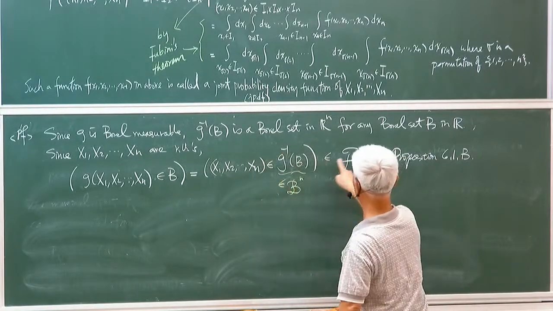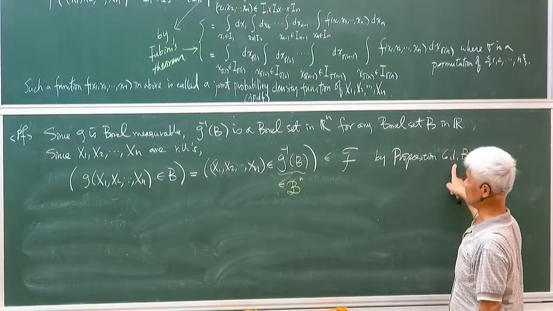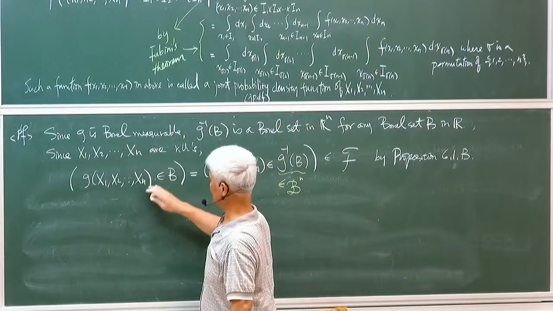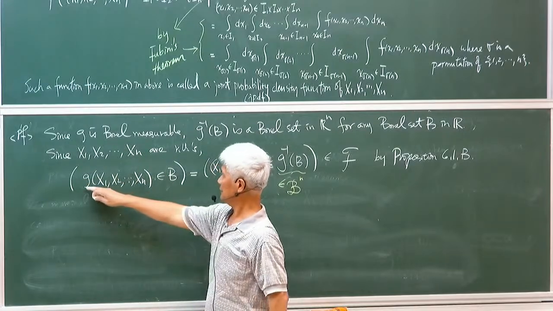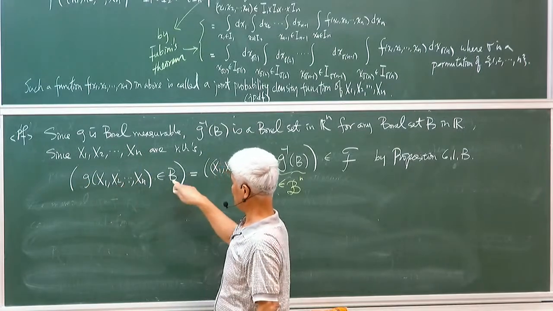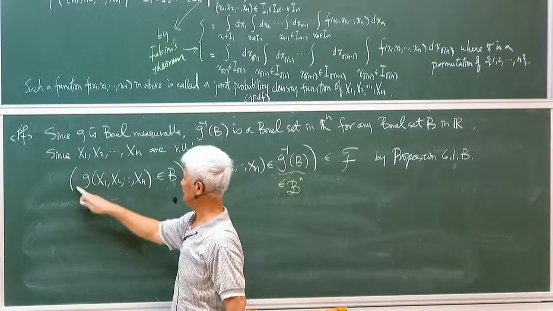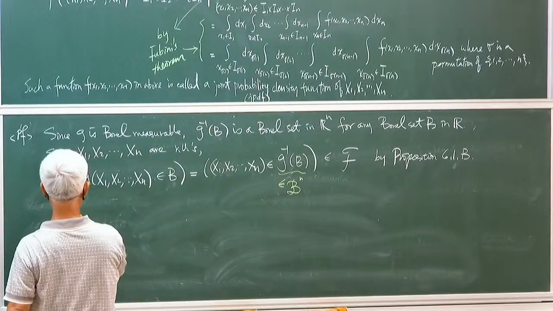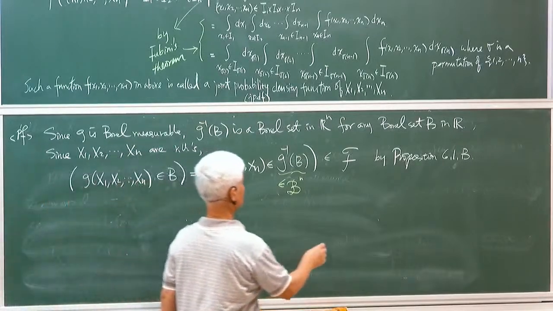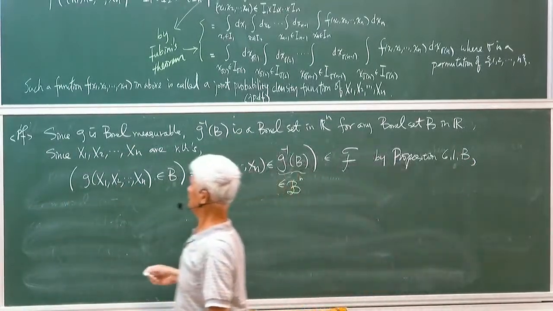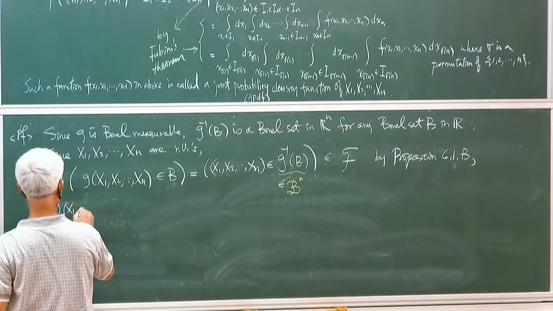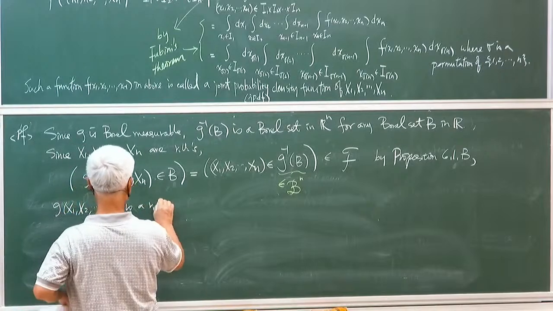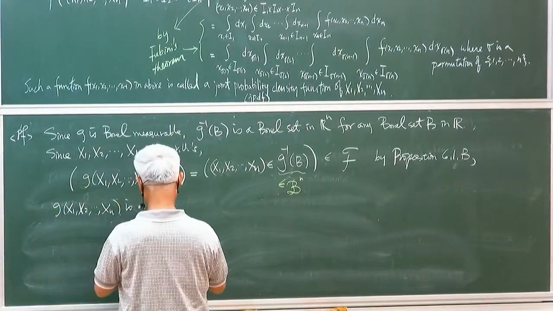So this is an event in F by this proposition, which shows that the value is in a Borel set, it's in F. So that G of x1, x2 up to xn is a random variable.